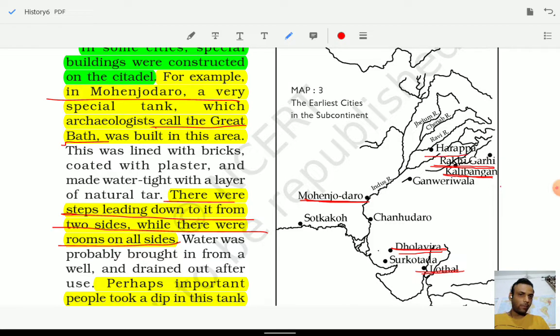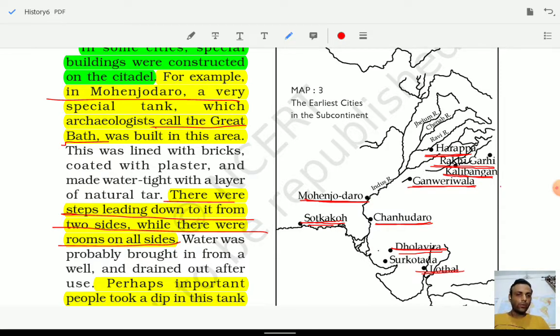Then here is Harappa. As we have already seen, Harappa is in present-day Pakistan, right? Then here is Ganweriwala, Jamhudaro, Sotkakoh, and here is Surkotada.